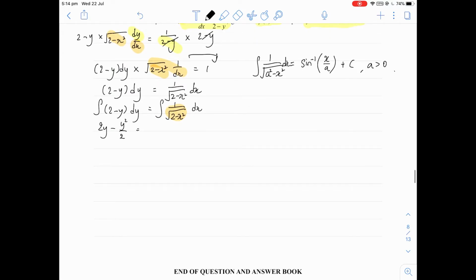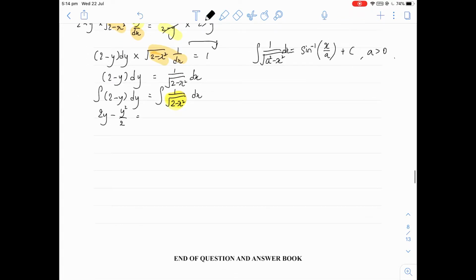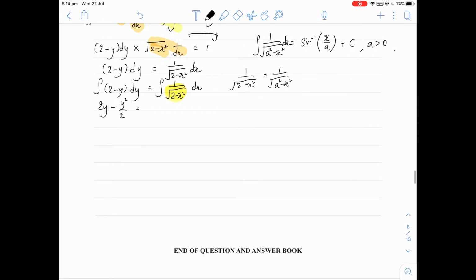Now, if we look at what we have here, we'll notice that this form fits perfectly with this one. They both have 1, and they both have this minus term. And the a term, a squared is equal to 2, and so therefore a is plus or minus square root 2.